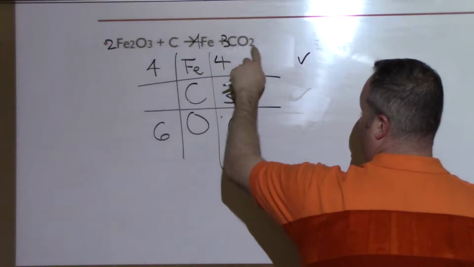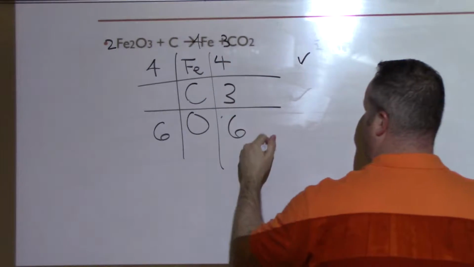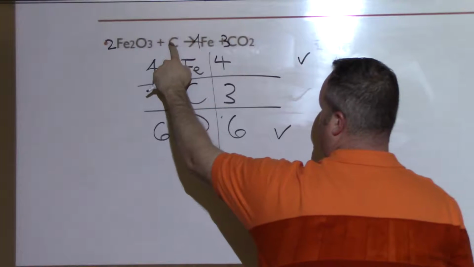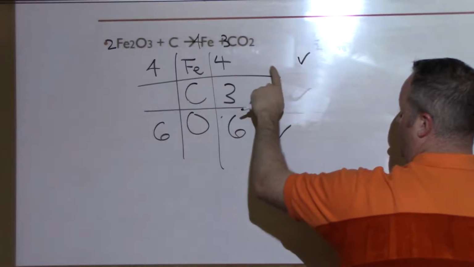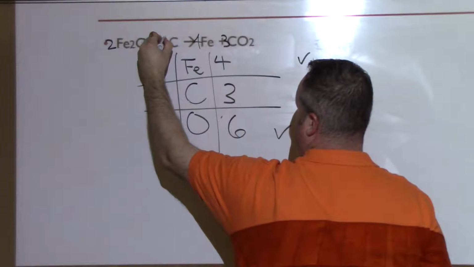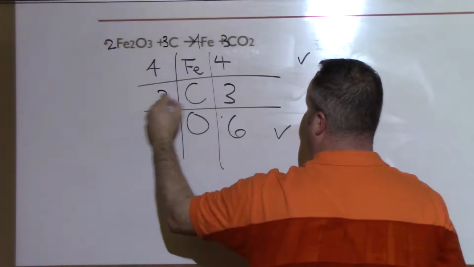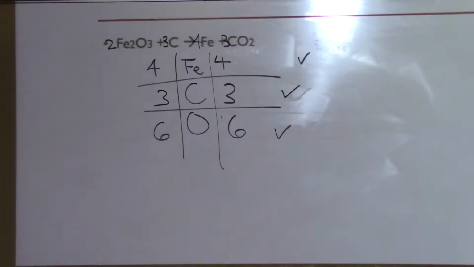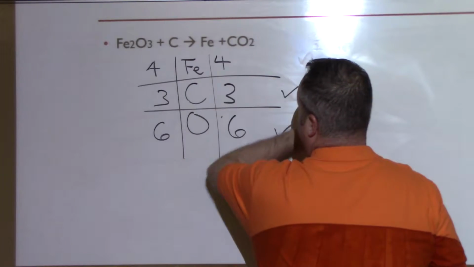My oxygen is balanced already, so I just need to look at carbon right here. Because I have 3 on the right, I can just place a 3 for my coefficient there, and that equation is now balanced. I hope that you got your answer correct when you were trying to solve this on your own. Let me erase this and we'll look at another example.